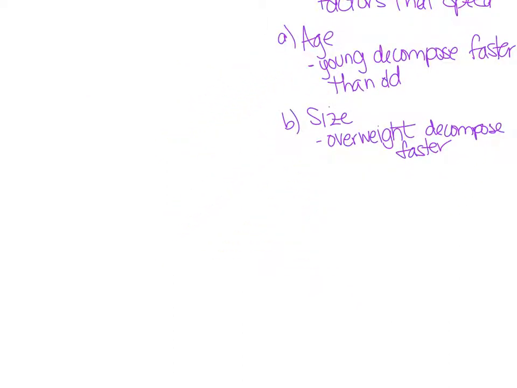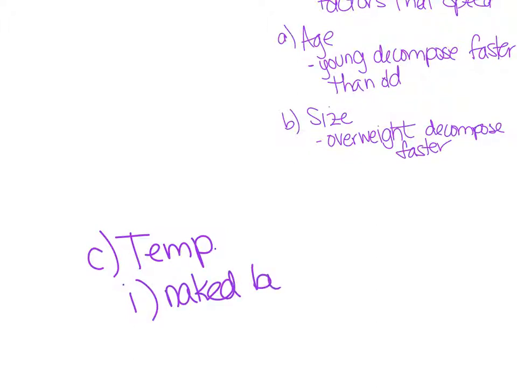And then, of course, our ever popular temperature. One way that we can look at temperature would be clothing. So who's going to decompose faster, naked or clothed? Actually, naked bodies. Why? To the elements, yeah.